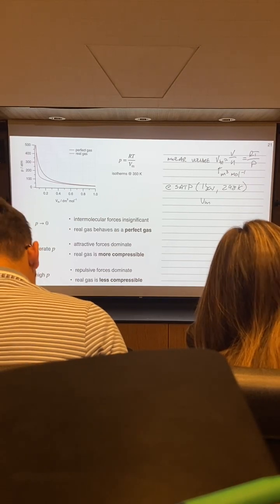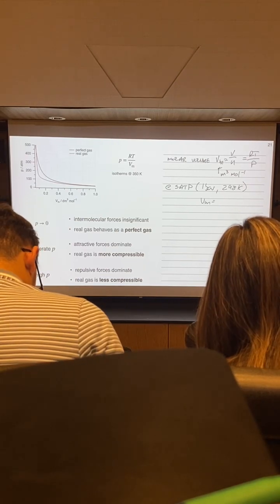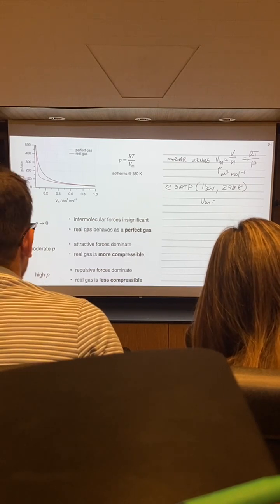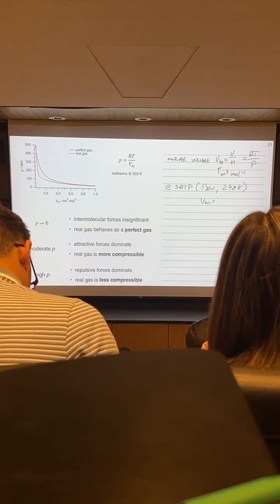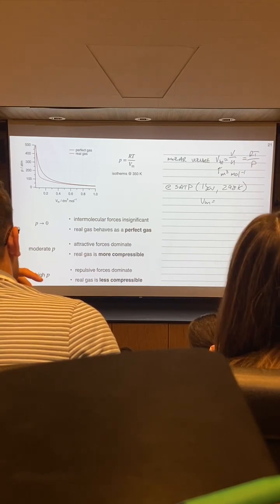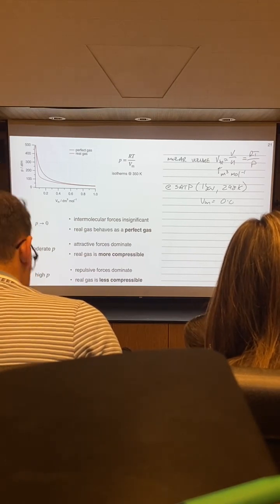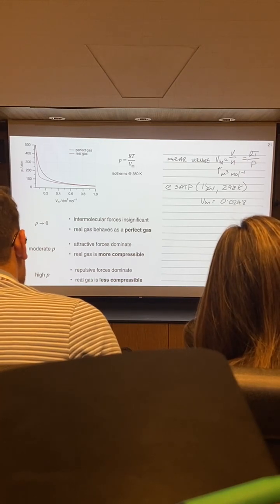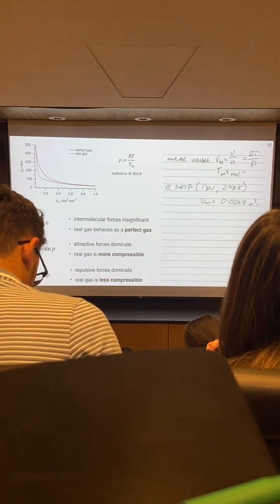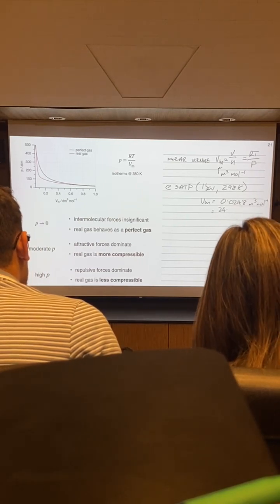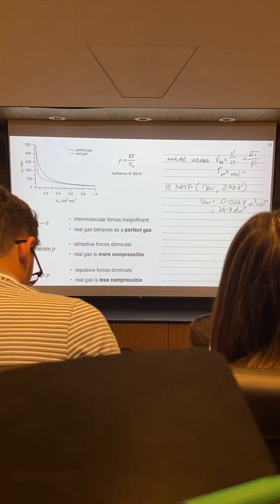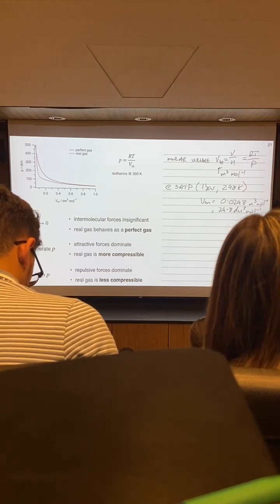Then the molar volume is going to be equal to the gas constant times the temperature, 298 Kelvin, again divided by pressure, 1 bar, or 10 to the 5 pascals. If we do that in molar units, that is 0.0248 meters cubed per mole of gas, or 24.8 liters per mole of gas.